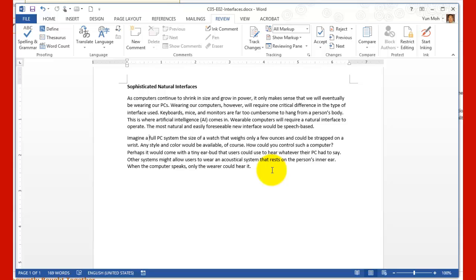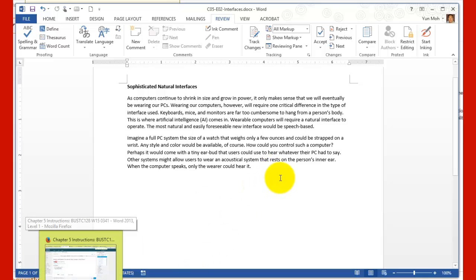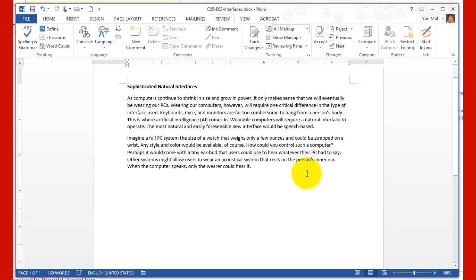Alright, so let's move on to page number 141, exercise 5.2c. And this time we're going to talk about the readability test. Let me see. Normally the readability test is not selected.